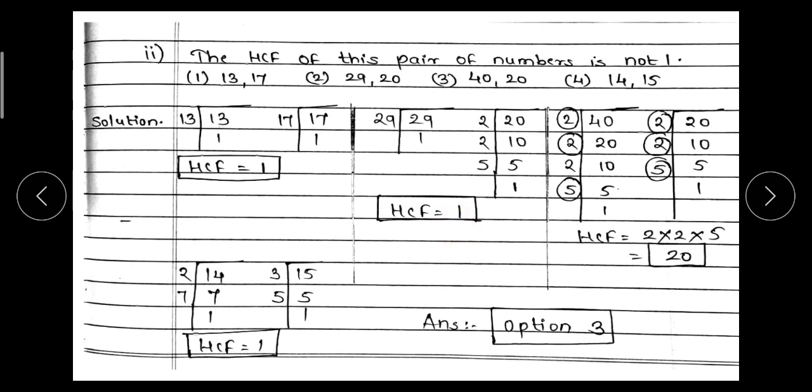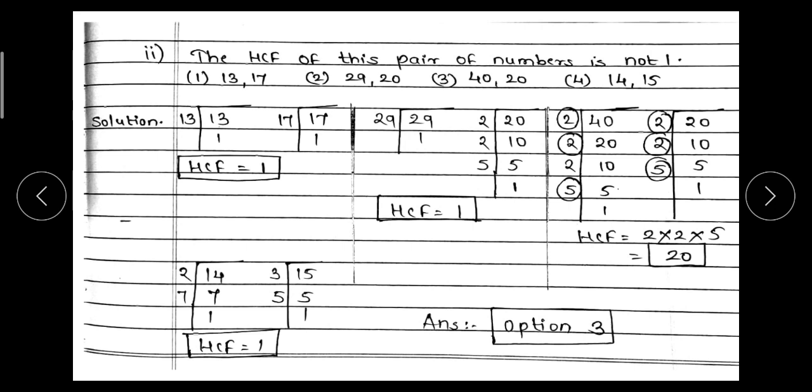Next, let's take the third pair, that is 40 and 20. Factors of 40 are 2 20s are 40, 2 10s are 20, 2 5s are 10, 5 1s are 5. Factors of 20 are 2 10s are 20, 2 5s are 10, 5 1s are 5. So we have got prime factors of 40 and 20.